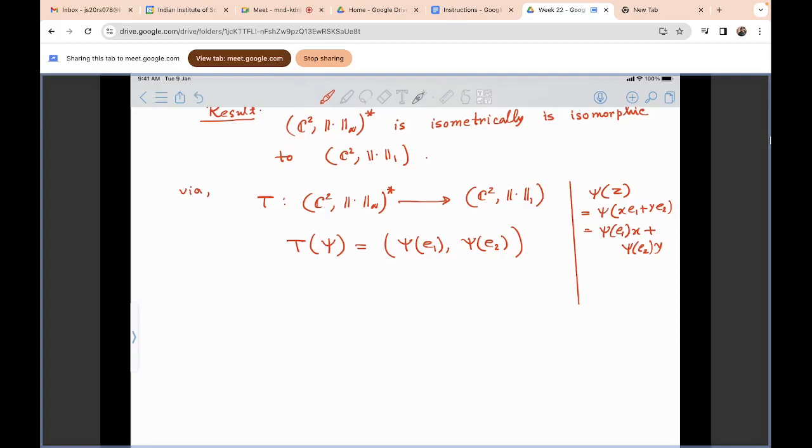And what is the norm of psi? Norm psi is the same as basically the L1 norm of this.